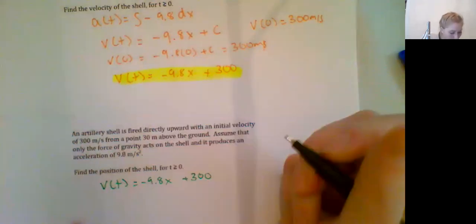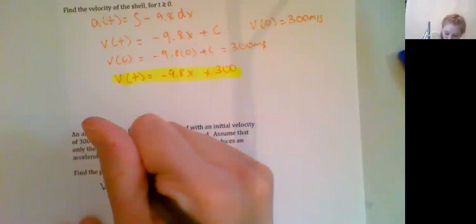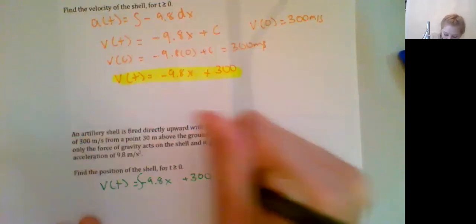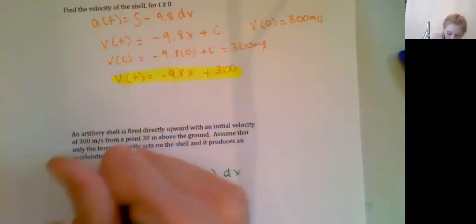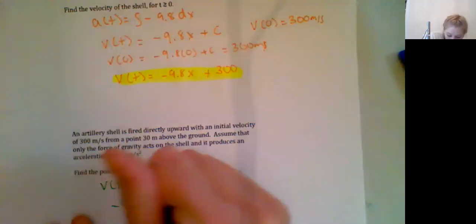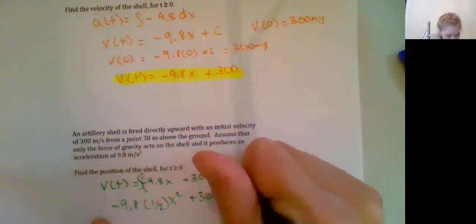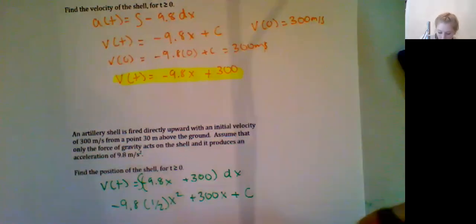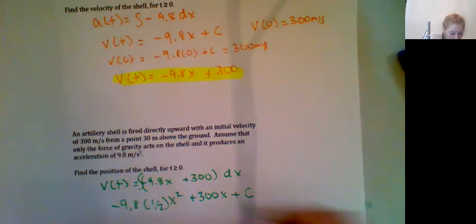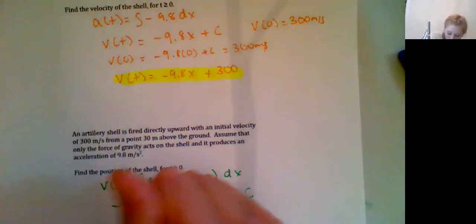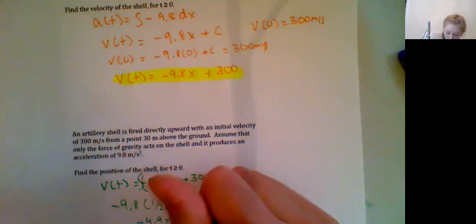So we're going to integrate this. Okay, so we're going to get negative 9.8 times 1/2 t squared plus 300t plus c. Okay, so we can simplify, and that's going to give me negative 4.9t squared plus 300t plus c.